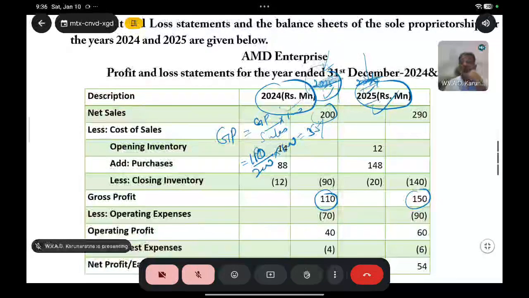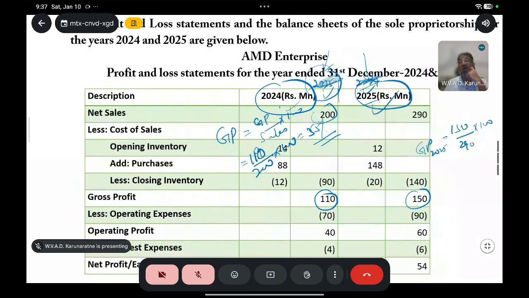If you go to the gross profit ratio for 2025, then 150, that is gross profit, and sales is 290, into 100. So what would be the answer? Doctors, please tell me your answers.